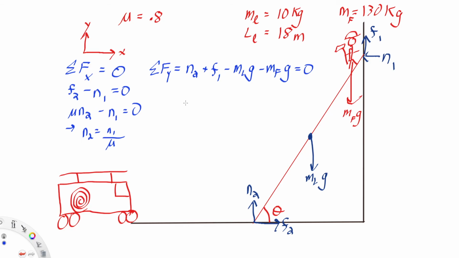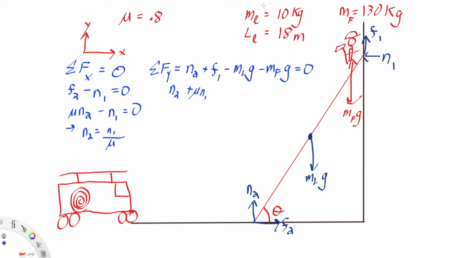So once again, we want the sum of the forces in the y direction to be 0 because otherwise this firefighter is going to be having a very bad day. Let's rewrite it with F1 replaced by mu N1. So we have N2 plus mu N1.